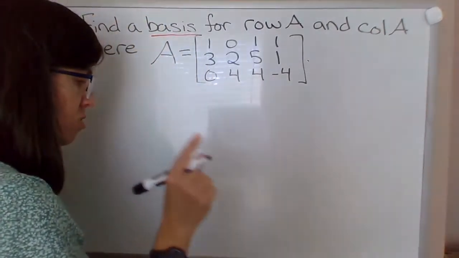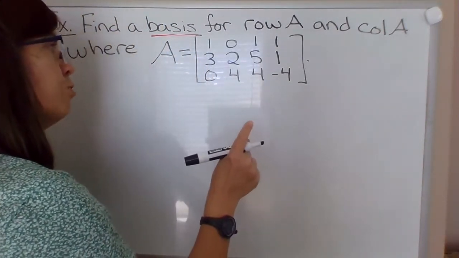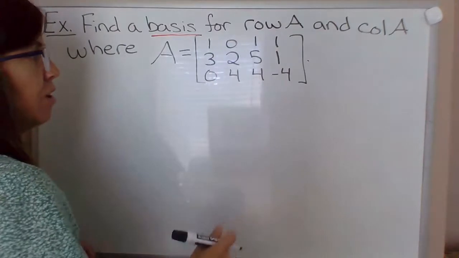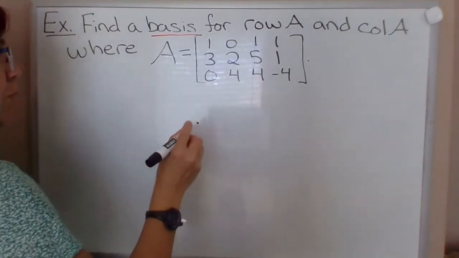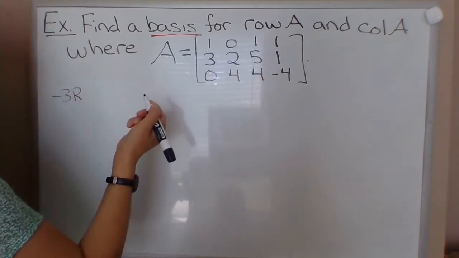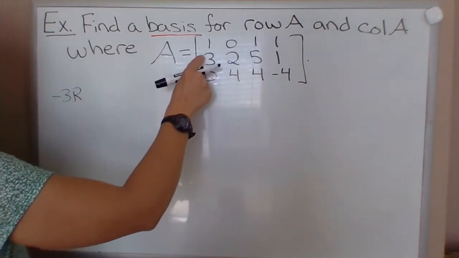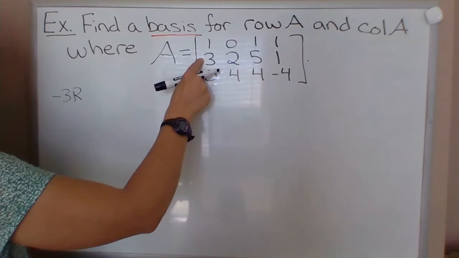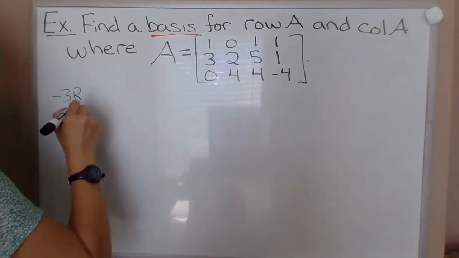Okay, so what we need to do first is row reduce this matrix. So a few row operations. I'm going to go through this part fairly quickly because row operations are something you've been doing forever. If you take -3 times the first row plus the second row, that'll zero out this entry here.